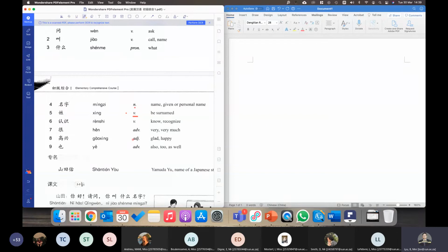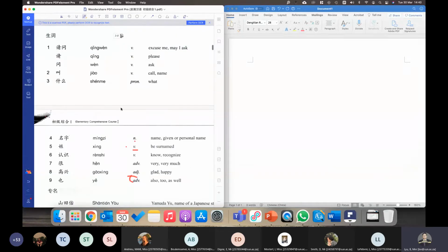An adjective is what you use to describe the degree of a noun, and an adverb, as its very name suggests, is added on to the verb. It gives the degree to the verb or adjective. 认识 is a verb, as I said.